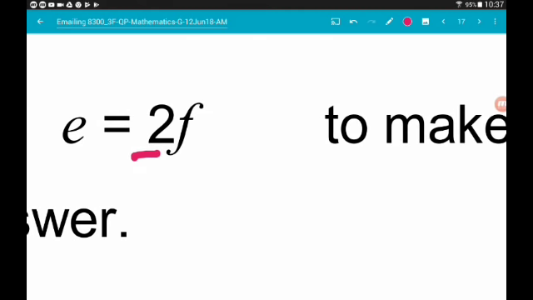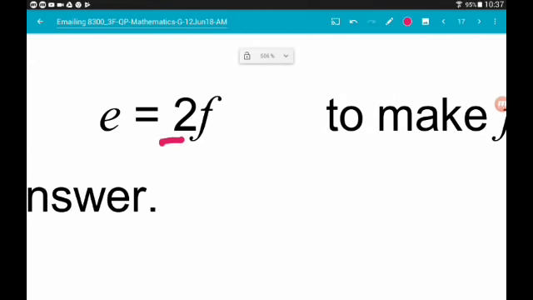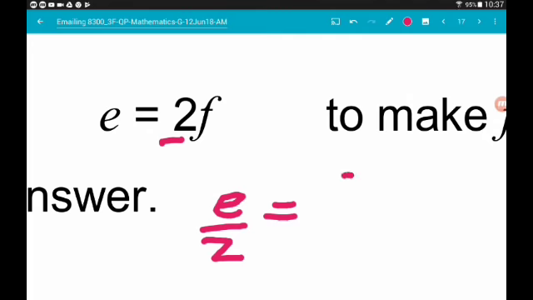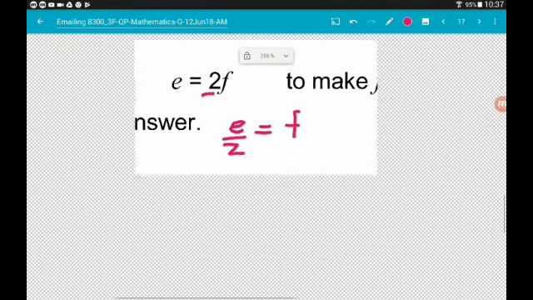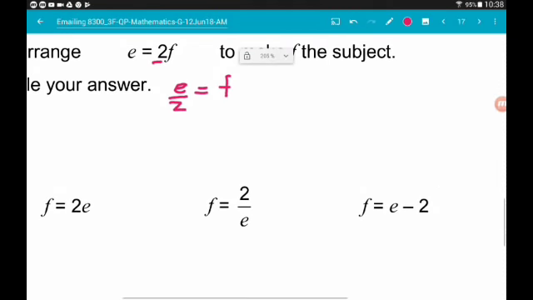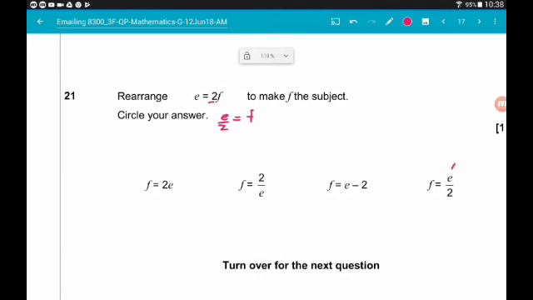Now the 2 is multiplying the F, so to get rid of it we do the opposite of multiplying by 2, which is dividing by 2. So we divide both sides by 2 and get E over 2 is equal to F. So F is E over 2.